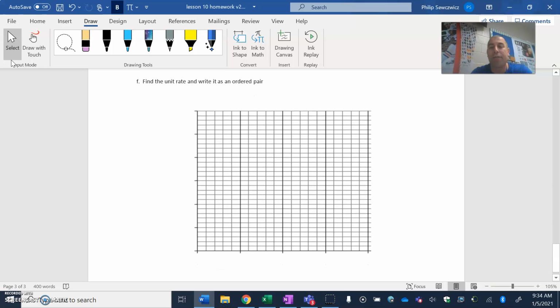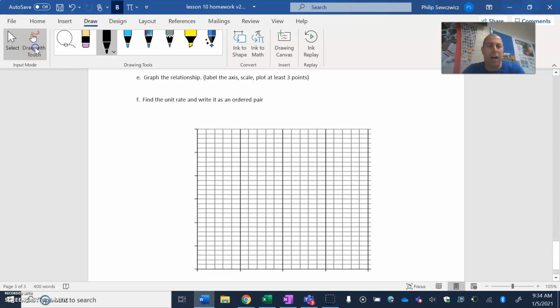Last thing, for your graph, you choose the scale. I don't mind providing you that information. Let me see what I ended up using. It looks like on the x-axis down here, I counted by ones: 1, 2, 3, stuff like that.